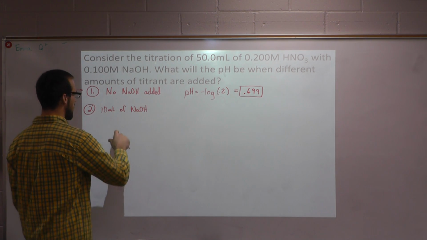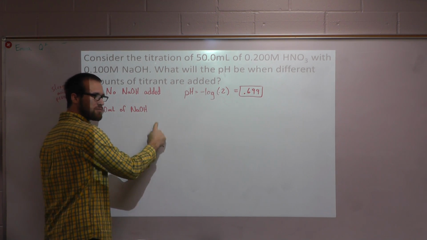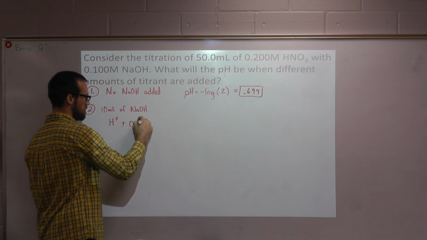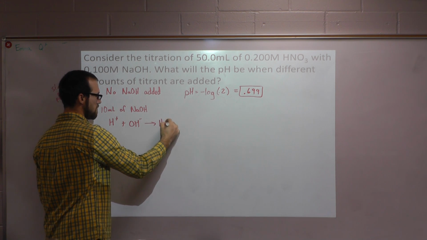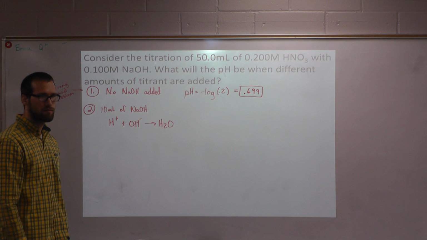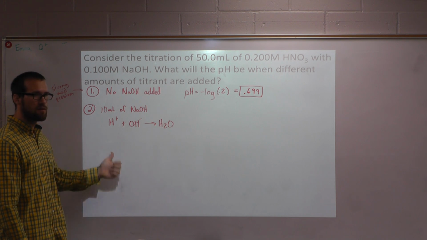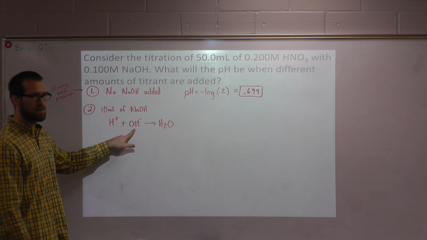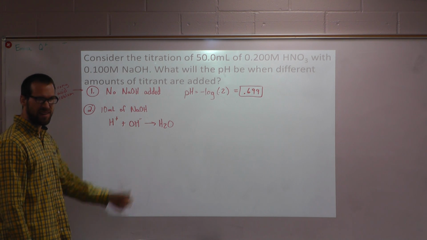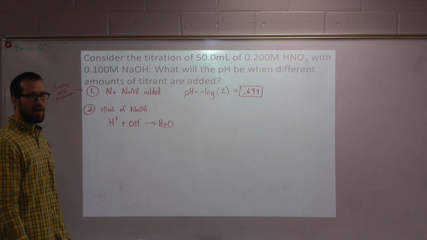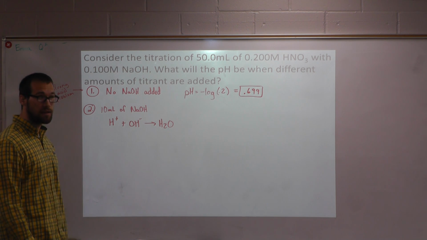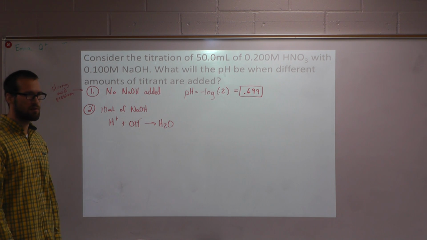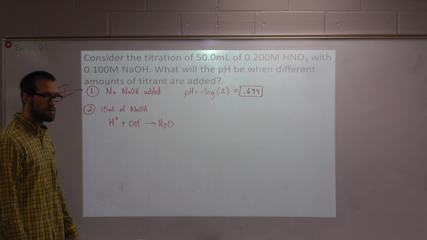So, instead of putting HCl plus NaOH produces salt and water, can I just do this and you guys understand what I'm doing? If it's a strong acid or a strong base, because a strong acid gives off this, a strong base gives off this. These are the only things we're really worried about, right? If you want me to go put the whole equation, I can. But this just makes less clutter, I guess. Everybody understand why I'm just doing this?